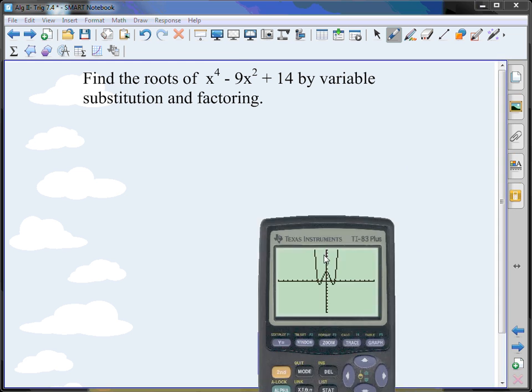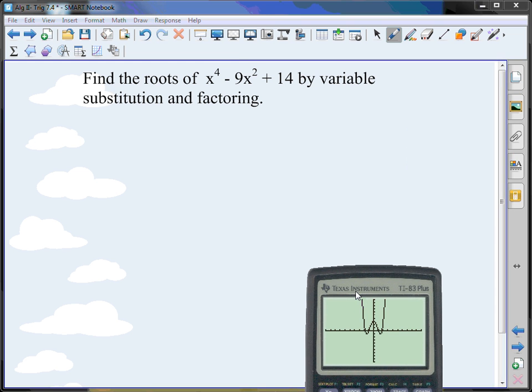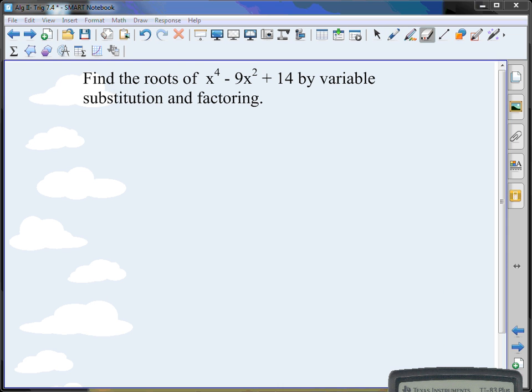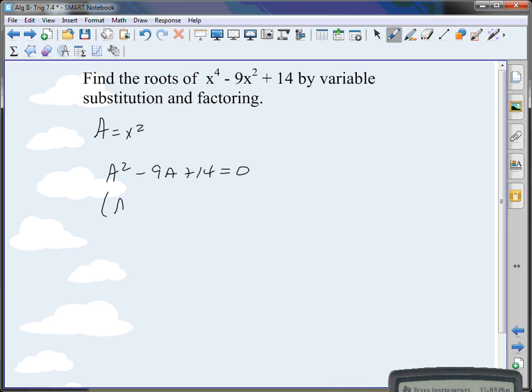Try this one. A equals x squared. So I have a squared minus 9a plus 14 equals 0. A minus 7, a minus 2. So that means a is 7, a is 2.